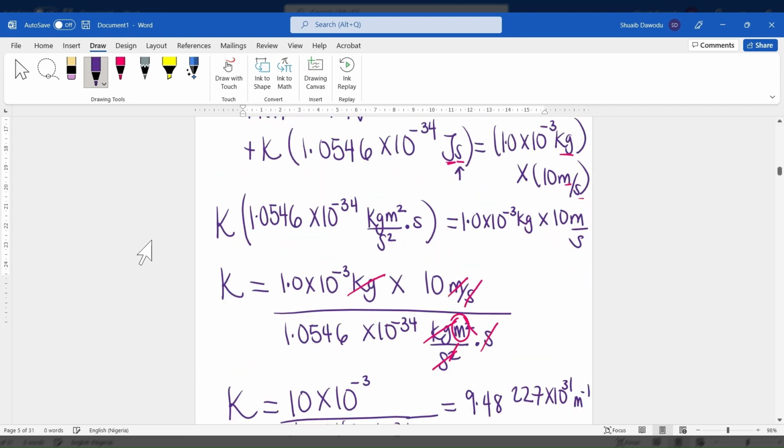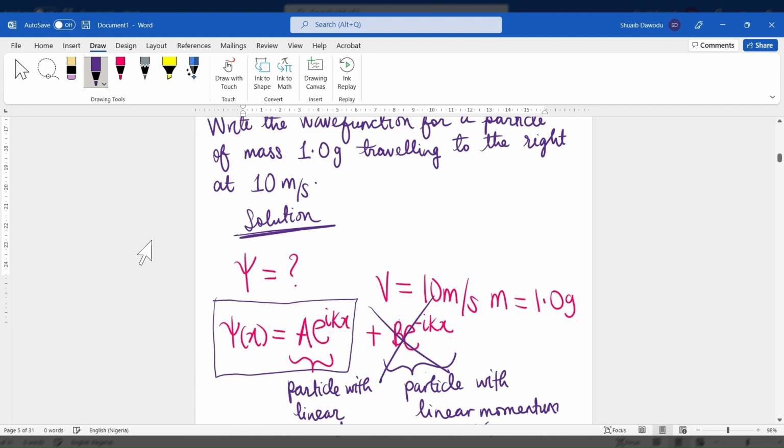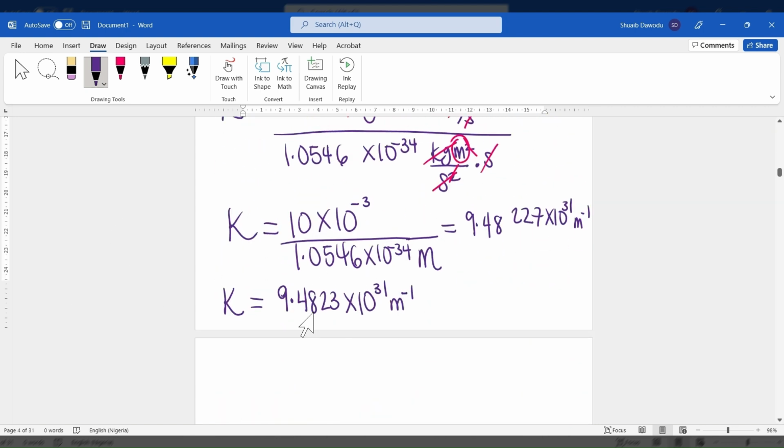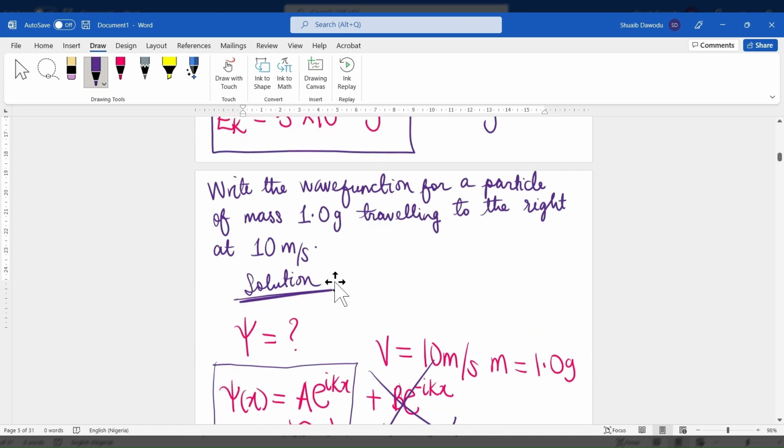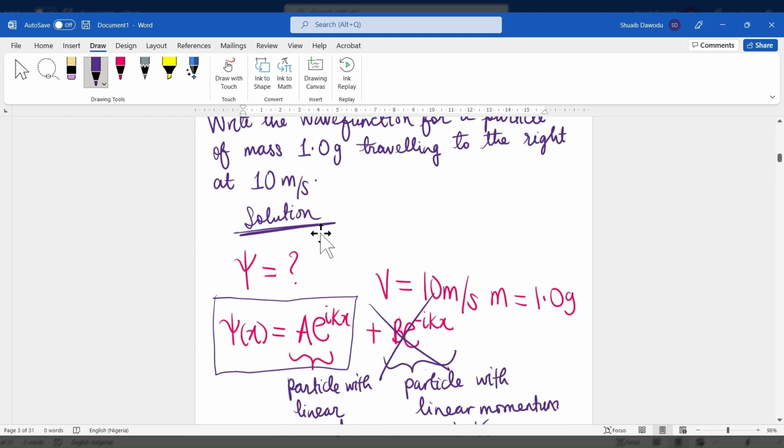And I want to quickly mention something to you. I wanted to remind you that anytime you're dealing with a science-based question, you should put your work in the proper number of significant figures. As you can see, our work contains raw values, and we have to put our final answer in the proper number of significant figures. So when we go back up, we see that the lowest number of sig figs is 2.